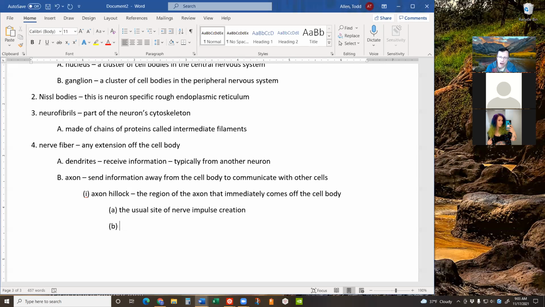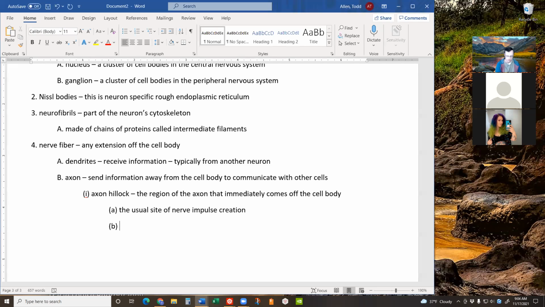And when sodium ion channels open and allow sodium from the extracellular fluid to enter the cytoplasm of the axon of the neuron, that's the initial trigger called depolarization to actually start a nerve impulse. So the axon hillock is the site where most nerve impulses start, because in that region of the axon's plasma membrane, you have a large abundance of ion channels.